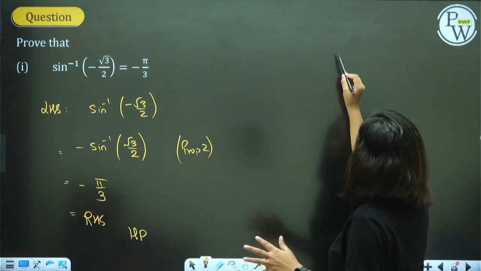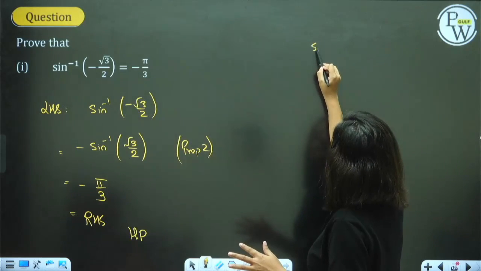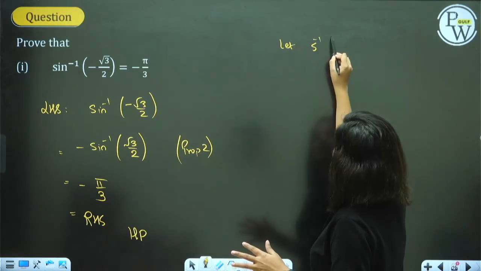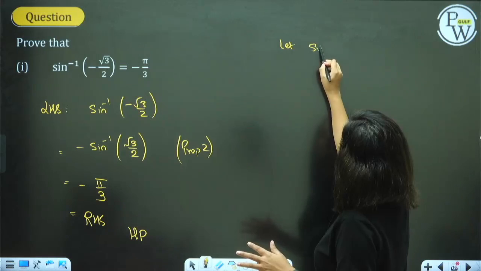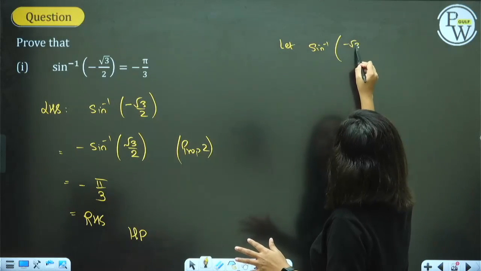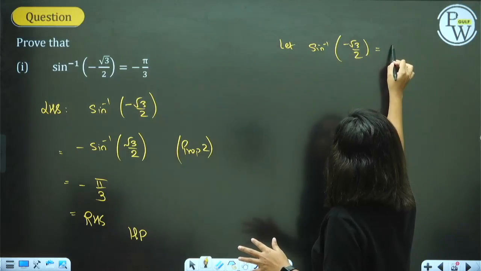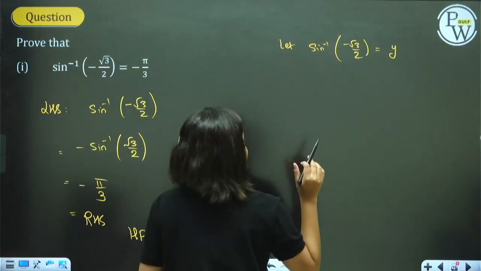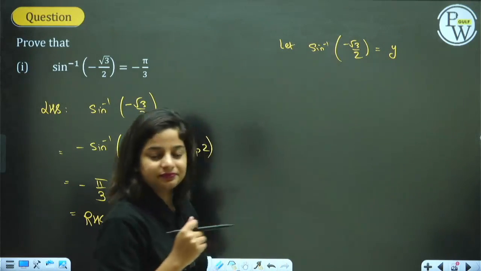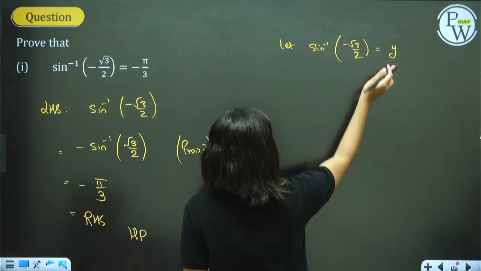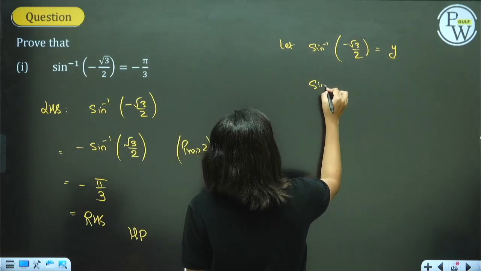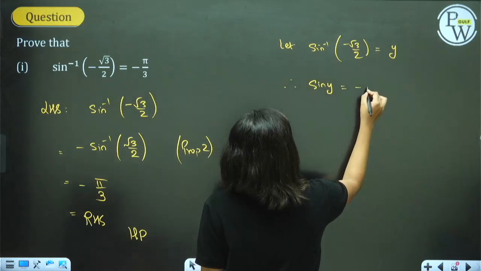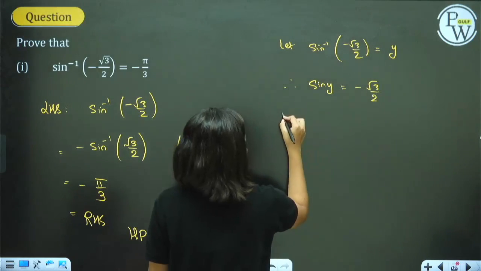Another way which you must have been taught in school is, let sin inverse of minus root 3 by 2 be equal to x or y, anything. Taking sin on the other side, sin y is equal to minus root 3 by 2.